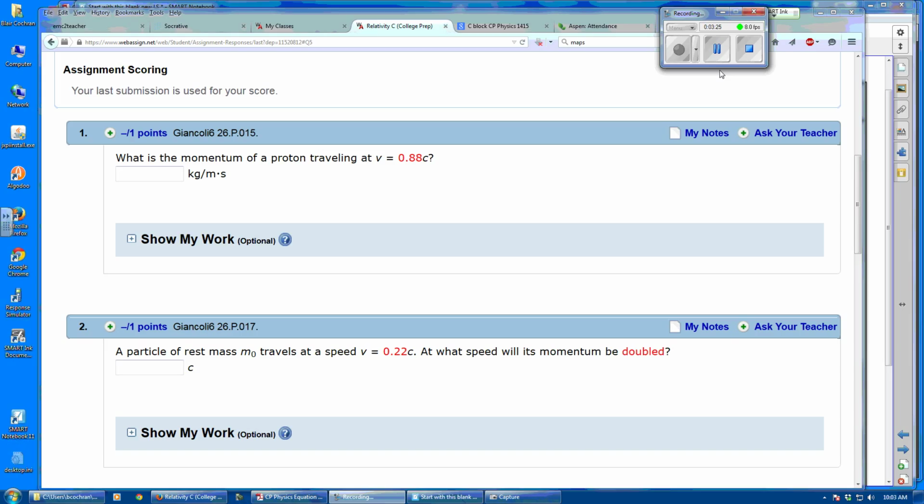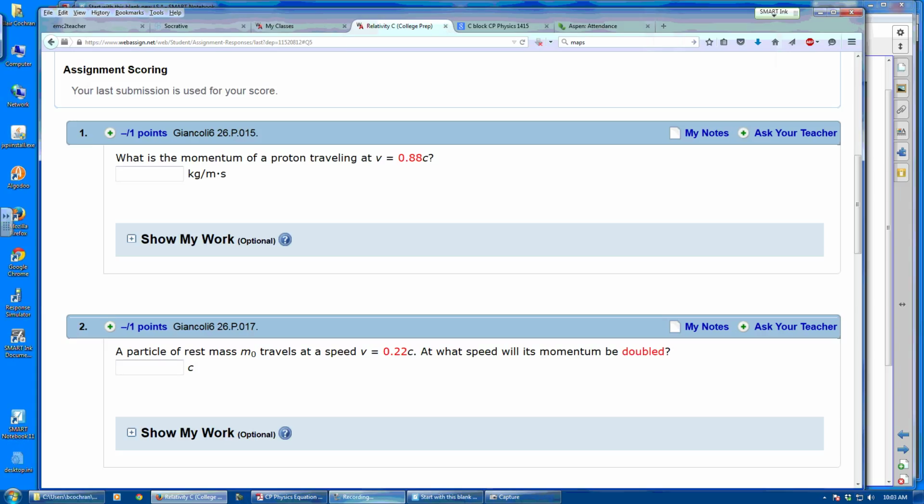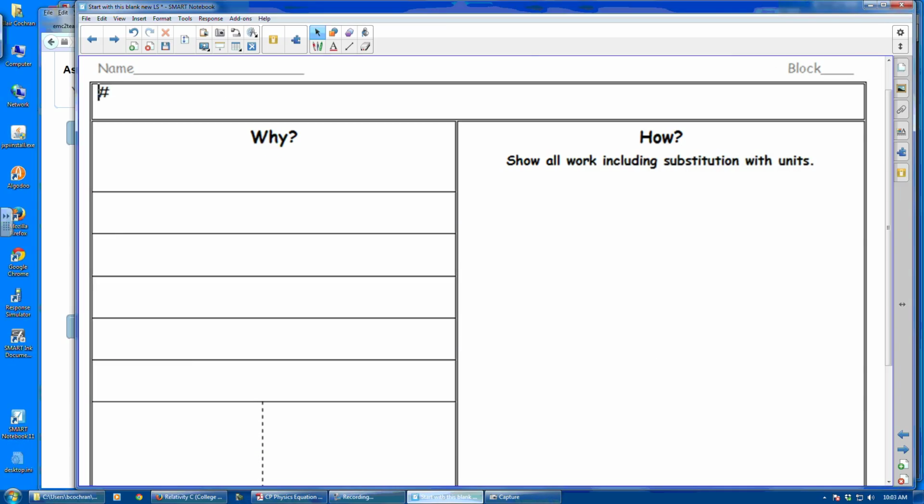All right, so on to number 1. Momentum of a proton traveling at 0.88 c. So, things that you should know for your why. Things like the speed of light is constant from all frames of reference.